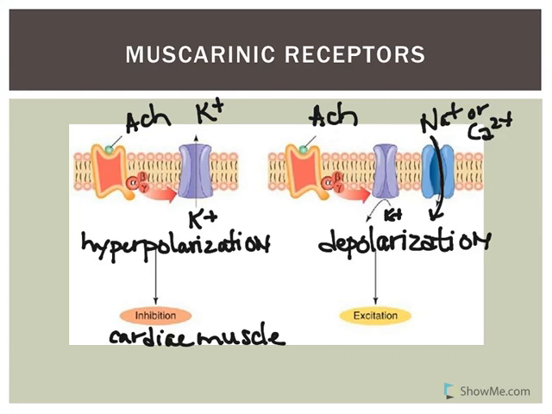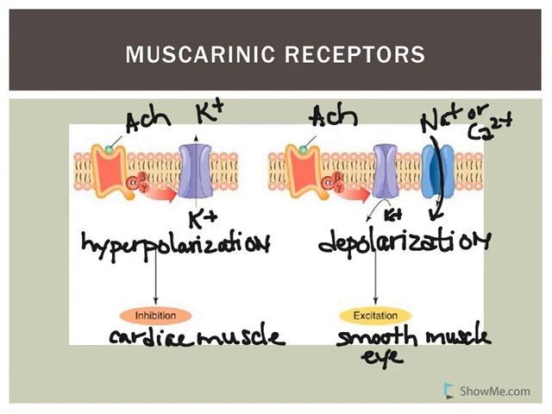An example of an excitatory effect would be, say, smooth muscle in one of the muscles in the eye, say the pupillary radial muscle. That caused that muscle to contract, and so that would be excitatory. So if we're talking about smooth muscle, an inhibitory effect would cause that muscle to relax. If it had an excitatory effect, it would cause that smooth muscle to contract.